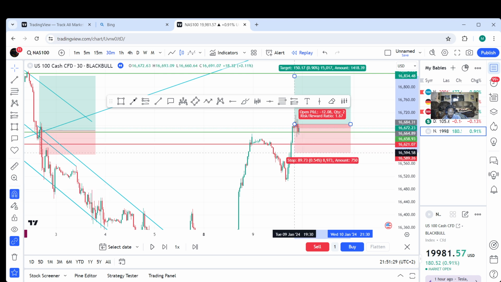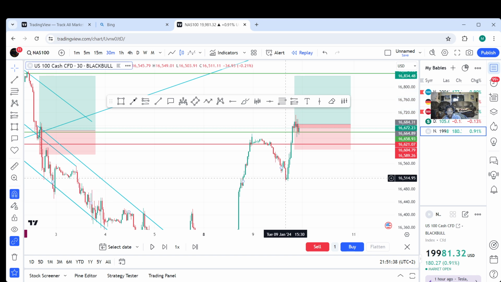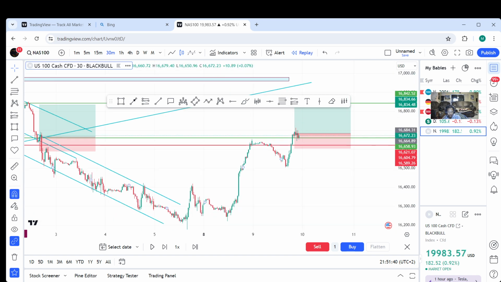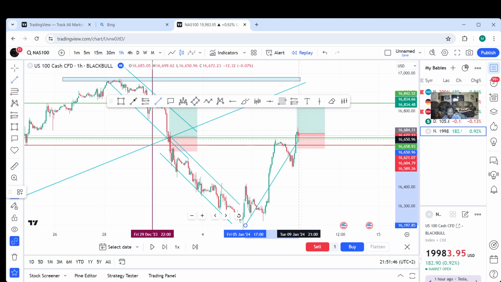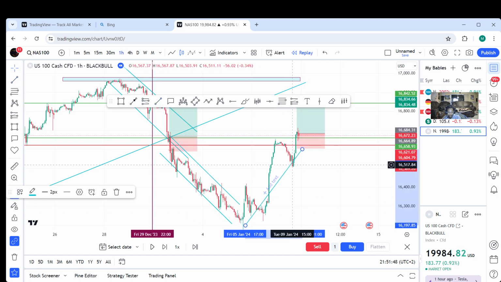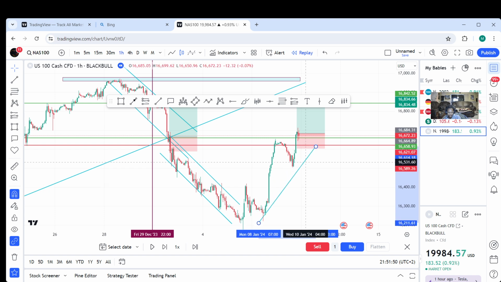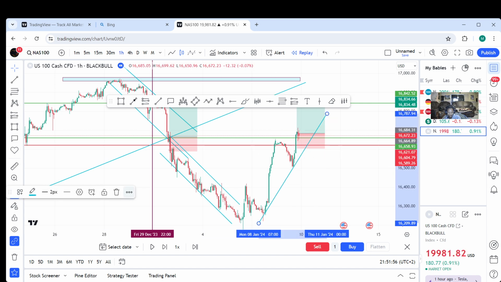So let's go for 0.48. That's fine. So is the market creating a new trend? Let's go to the 1 hour to reduce noise, right? So this could also be a potential new trend, right?